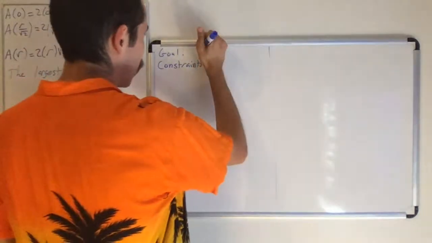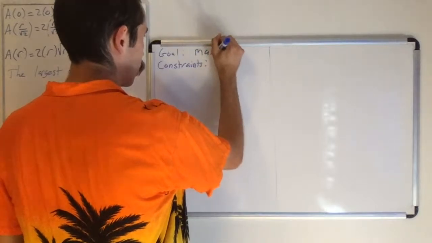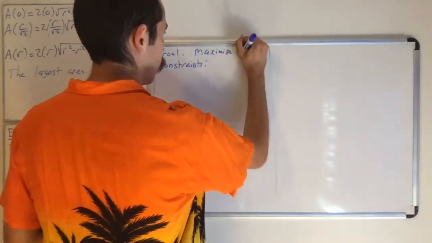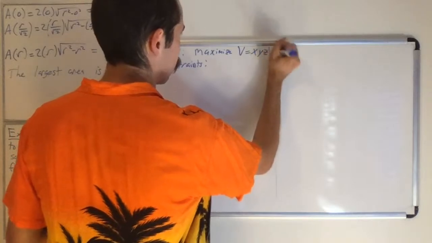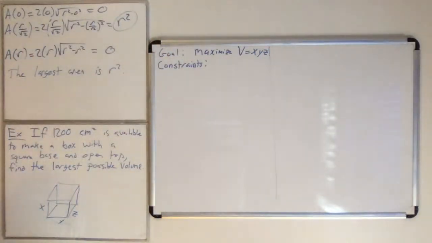Yeah, good. We want to maximize V equals XYZ, right? That's the volume of a rectangular box. And what are the constraints?